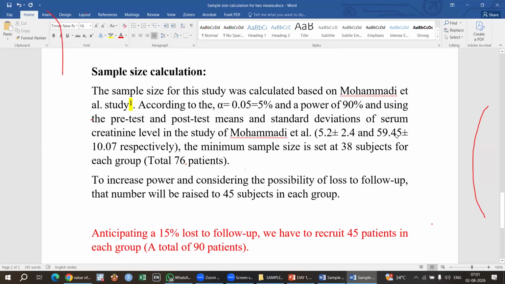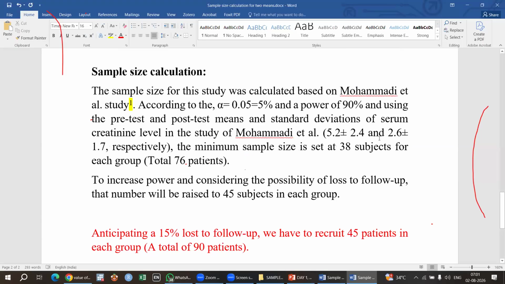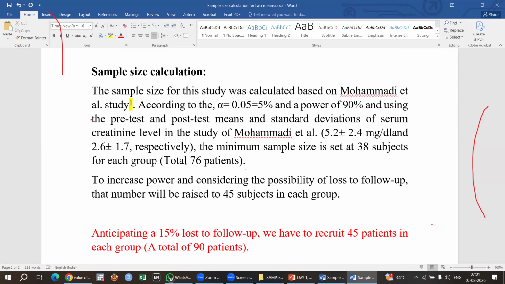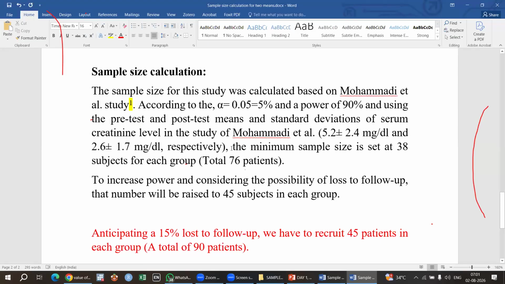You can see and write down: 2.6 plus minus 1.7, respectively. You have to write down milligram per dL. Please never forget it. You have to write down the unit. Never forget this.